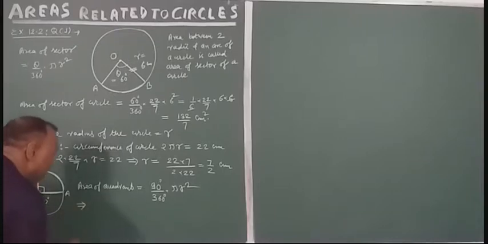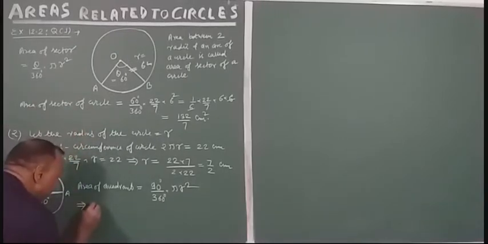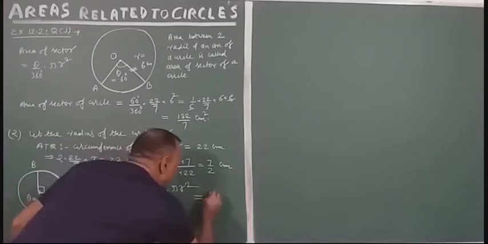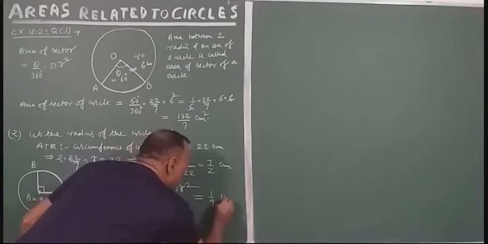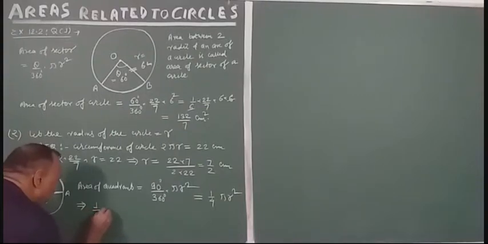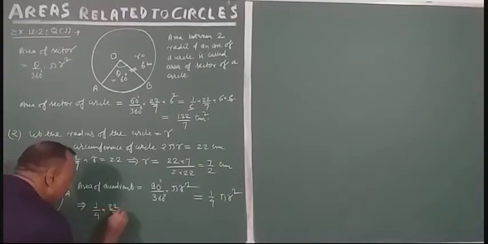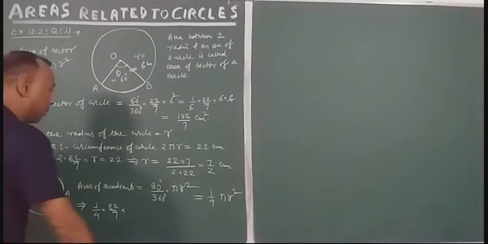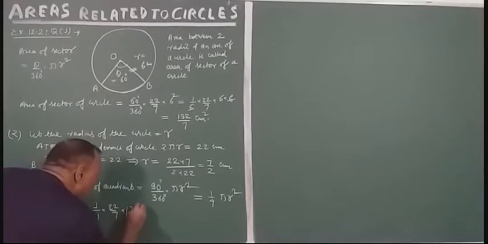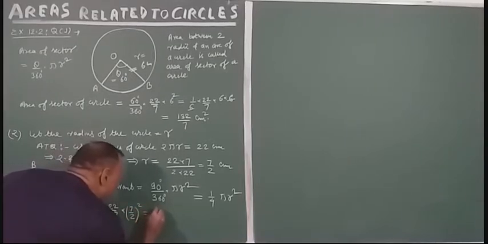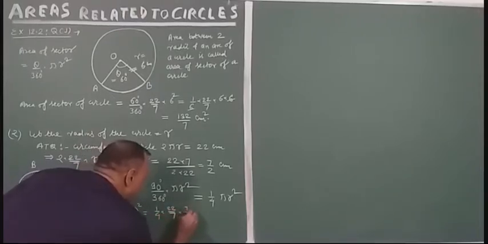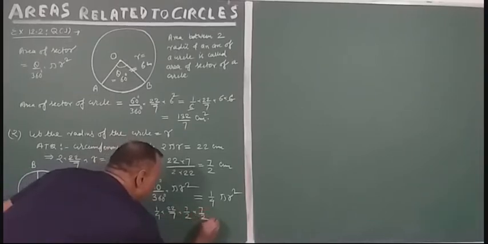Just place all the values. 90 ones are 90, so 1 upon 4 pi r square. Now 1 upon 4 into pi, which is 22 upon 7, and the value of r here is 7 upon 2 whole square. So this becomes 1 upon 4 into 22 upon 7 into 7 upon 2 into 7 upon 2.